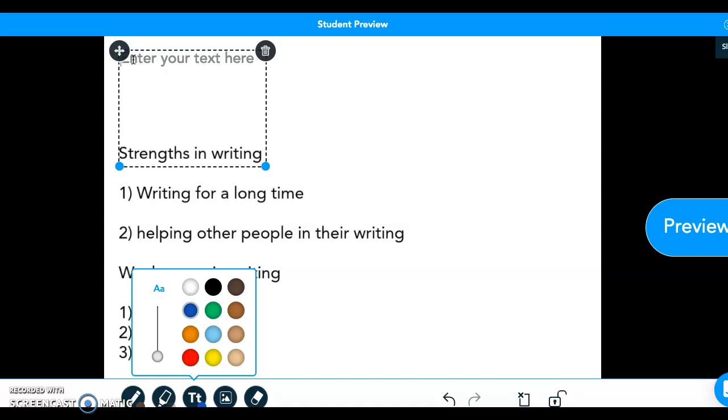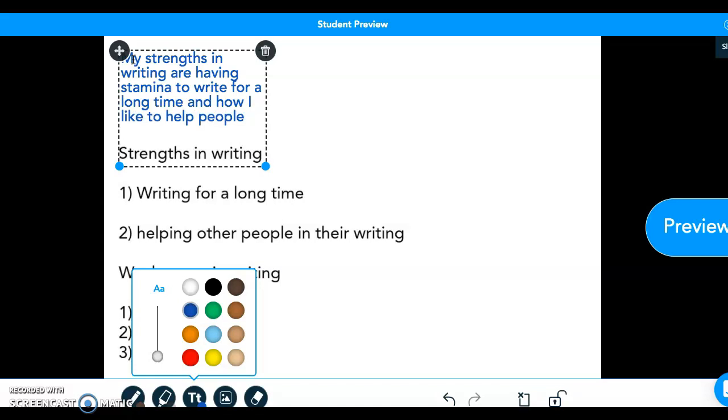My beginning sentence might say something like, my strengths in writing are having stamina to write for a long time and how I like to help people with their writing.